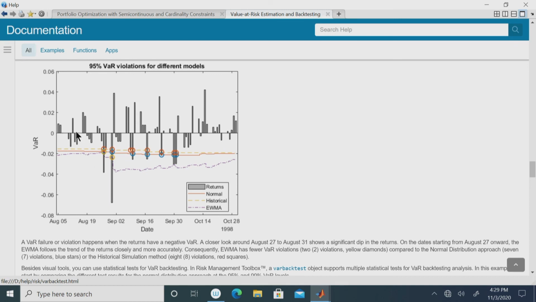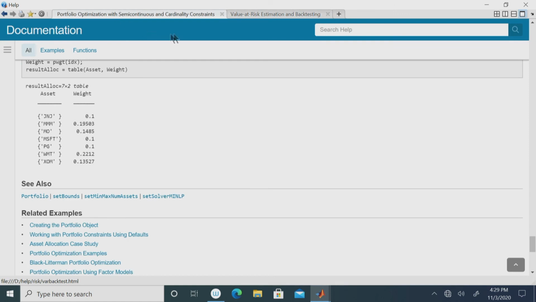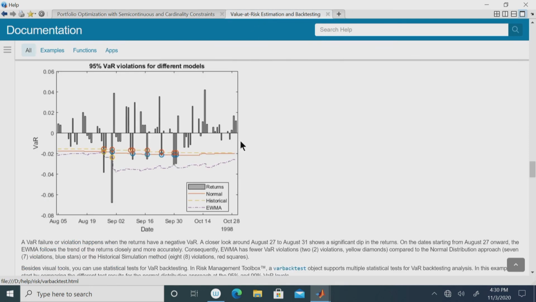So, this concludes our discussion for today with these 2 examples, first on constraint based portfolio optimization and the other on value at risk estimation and back testing.